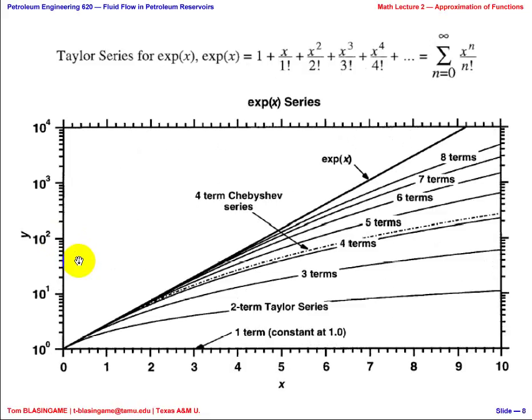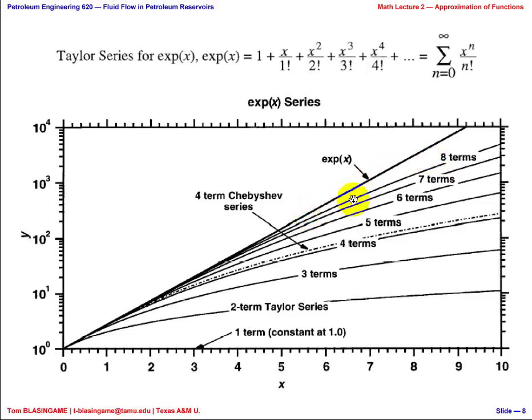The next slide is looking at the Taylor series expansion for EXP. And very quickly, a single term expansion is meaningless. 2-term expansion is here, 3-term here, 4-term here. Did a 4-term Chebyshev, it didn't really help. 5 terms, 6 terms, 7 terms, 8 terms.